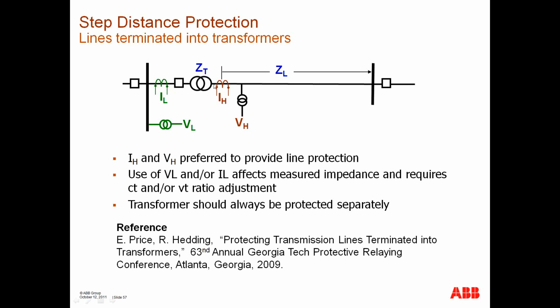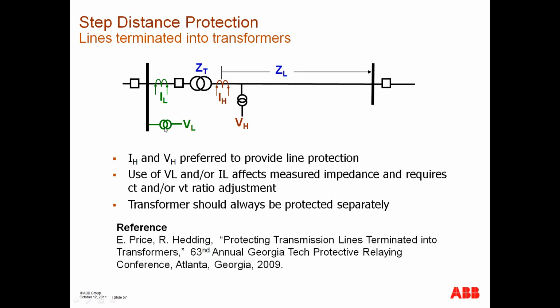The transformer generally has CTs associated with it, so you would want to use this CT and this CT to do transformer protection separately. Now, it may be that you might want to use the current or voltage from this side because it's available, typically voltage on the low side.